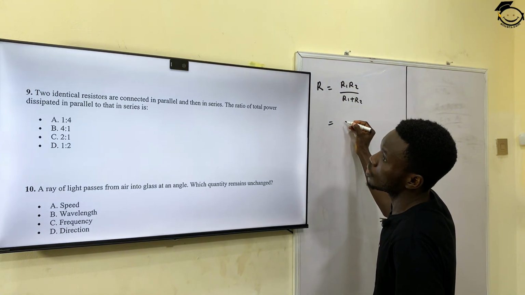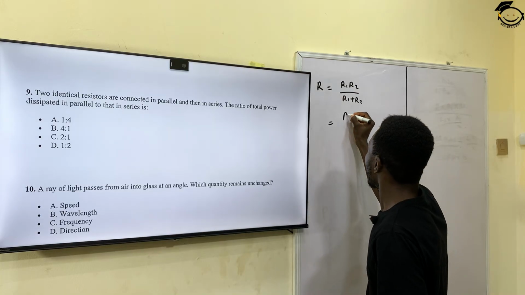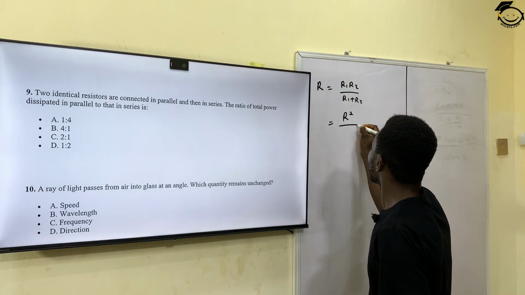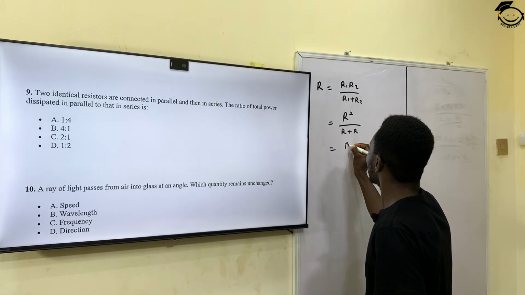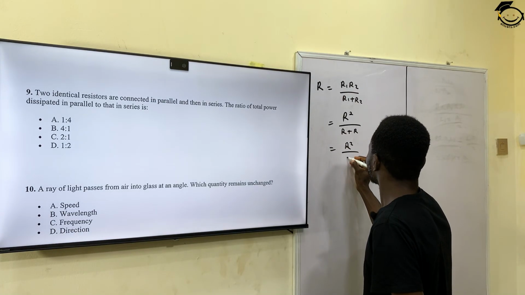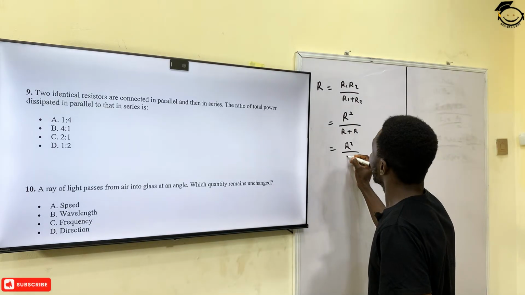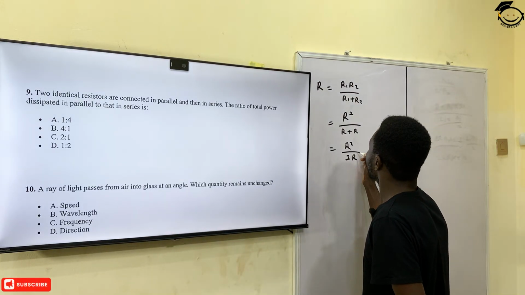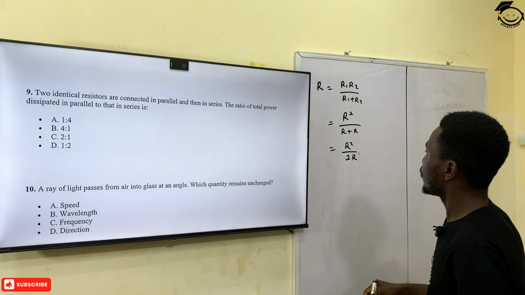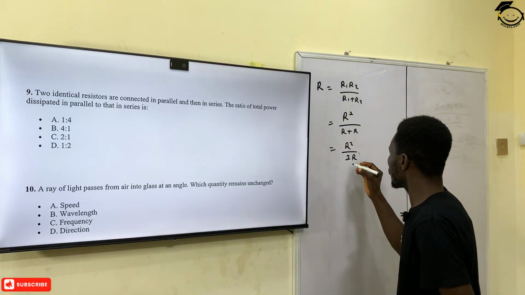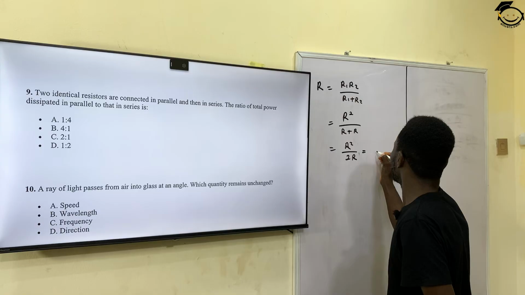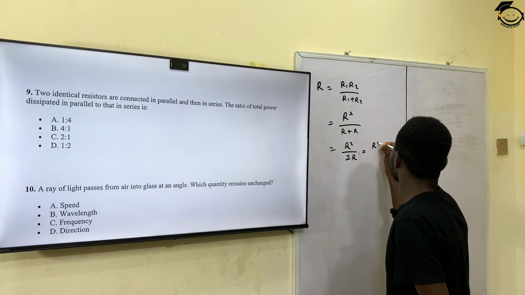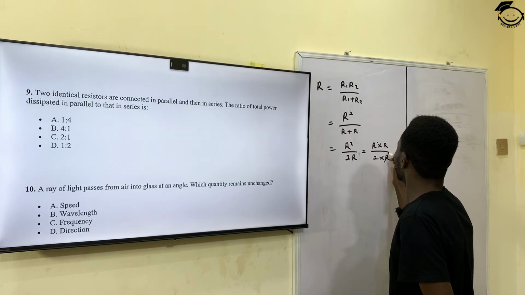So since the two resistors are identical, it means this is R squared over R plus R, which will give me R squared over 2R. So that is the value which can be simplified to become R squared, which is R times R, over 2 times R. So R will cancel R here.